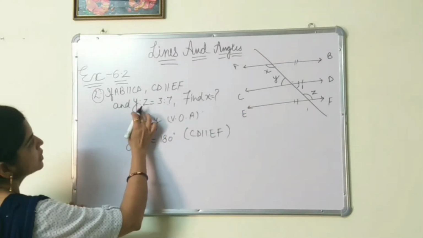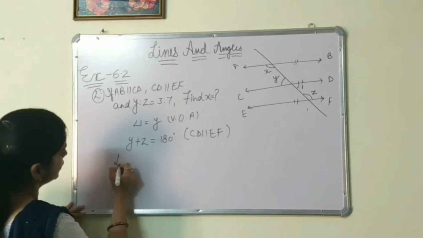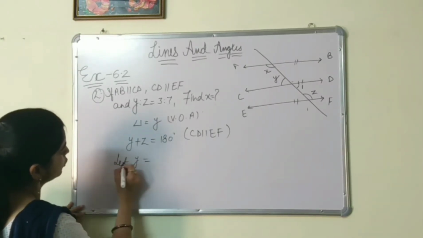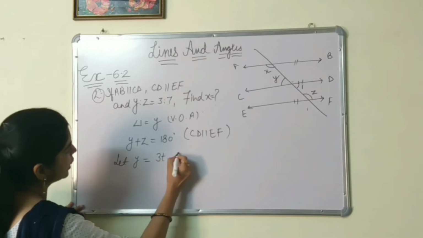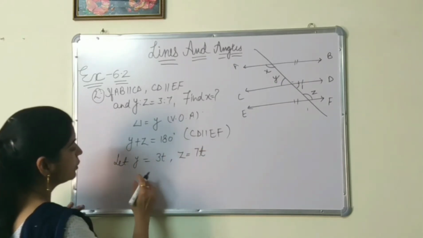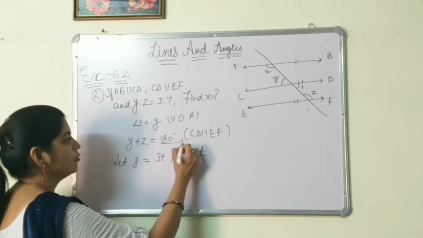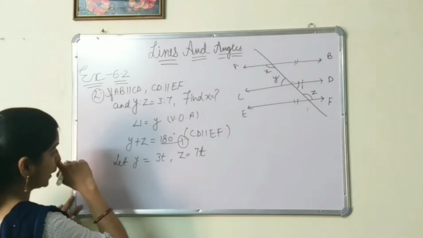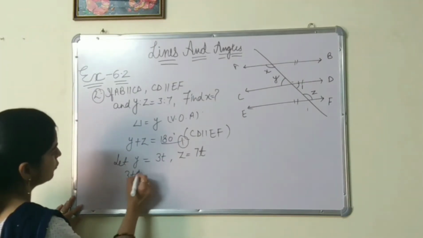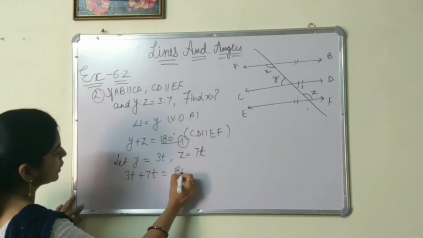Then the ratio is 3:7. So let angle y be equal to 3t and z equal to 7t. And we have to put the values of y and z in this equation 1. Value of angle y is 3t and value of angle z is 7t. It is equal to 180 degree.